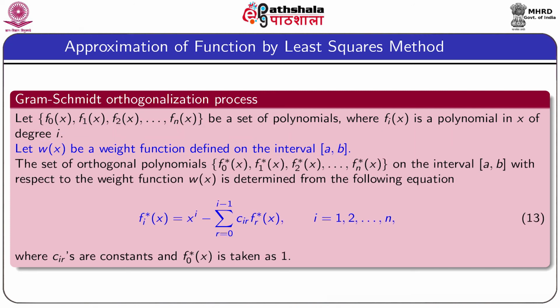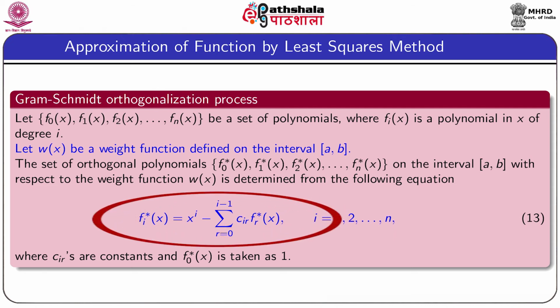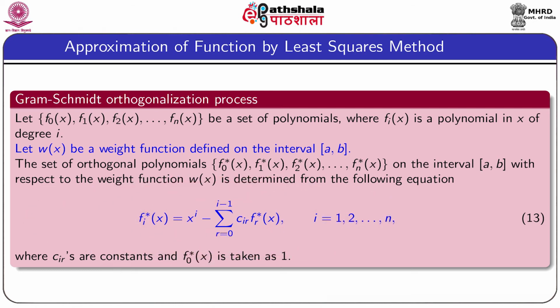The set of orthogonal polynomials f0 star x, f1 star x, f2 star x up to fn star x on the closed interval a b with respect to the weight function w(x) can be determined from the following equation: fi star x equal to x to the power i minus summation over r equal to 0 to i minus 1 cir fr star x, where i equal to 1 up to n.